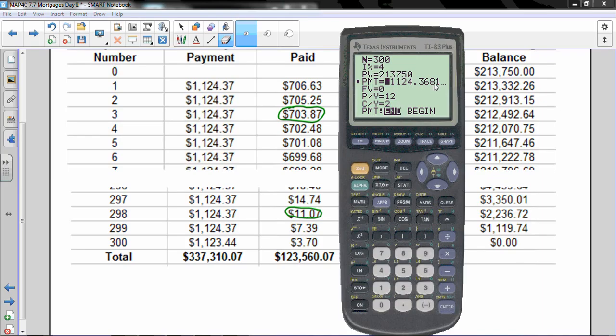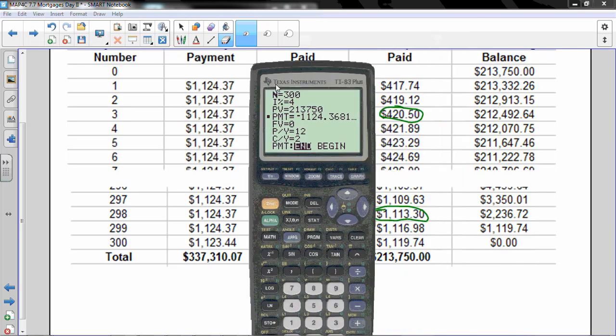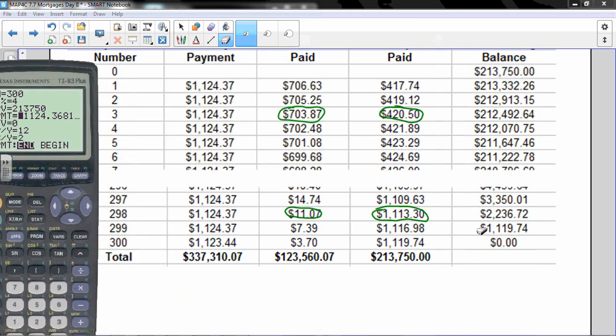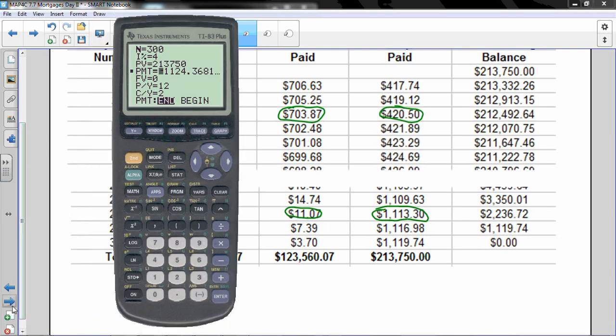We were paying a little bit less. So that last payment, the 300th payment, has to be a little bit less. Okay, there's a little bit of an adjustment. The last payment is to pay off the rest of the balance of the mortgage, just to account for our rounding. No big whoop.